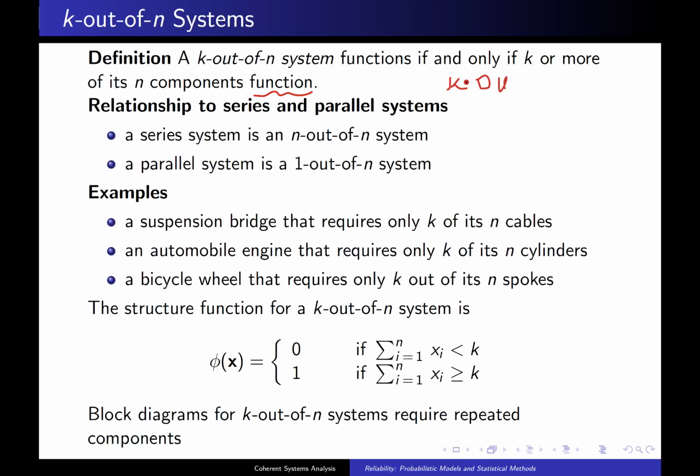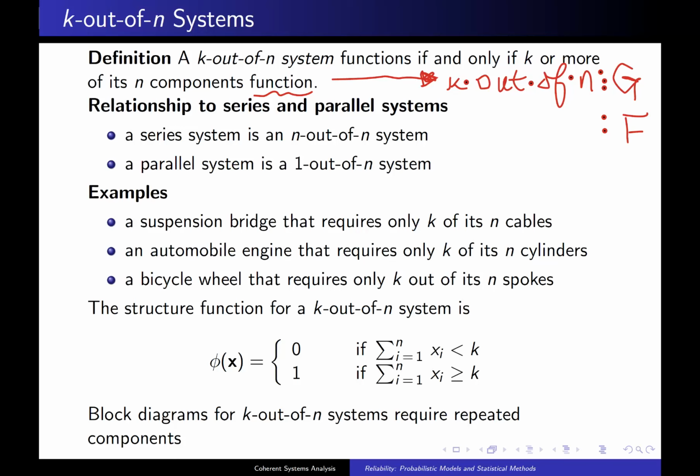One is K out of N, and then they tend to put a colon here, and they will either put a capital G or they'll put a colon and then they'll have a capital F. G for good, F for failed. So when you see the definition in this form right here, that's really the same as saying a K out of N G, G for good, system.